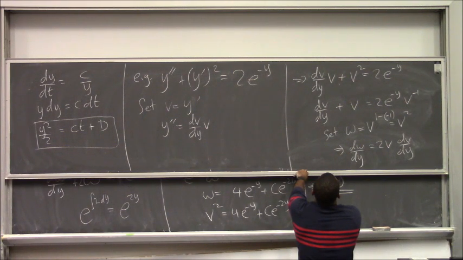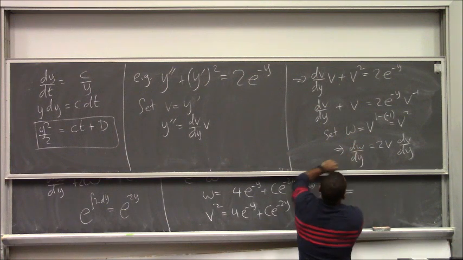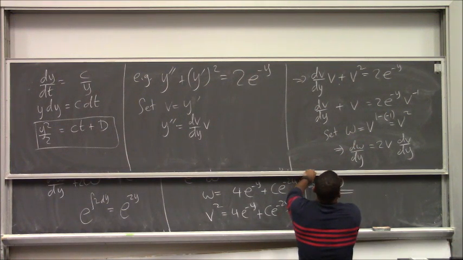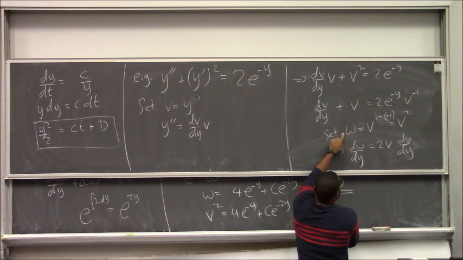Would it be dw/dy? Now here I set w equals this guy. Would it be the w with dv? Maybe? No, you differentiate with respect to the independent variable, which is y in our case.